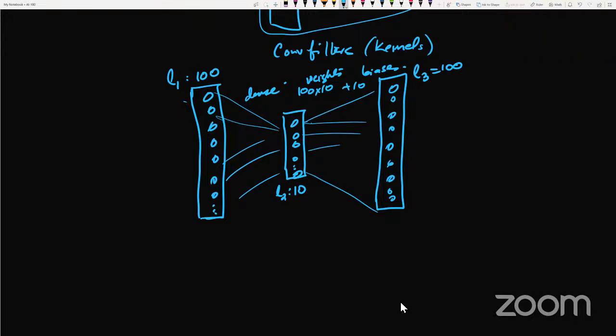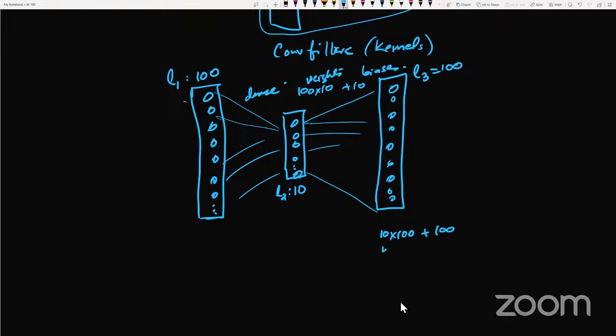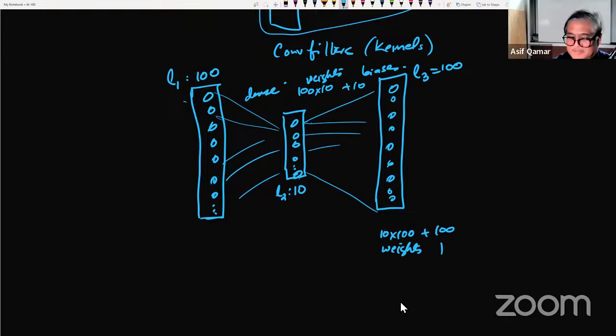So the third layer has 100 neurons, so there will be 100 biases, and the weights are 10 times 100. L1 also has 100 biases.